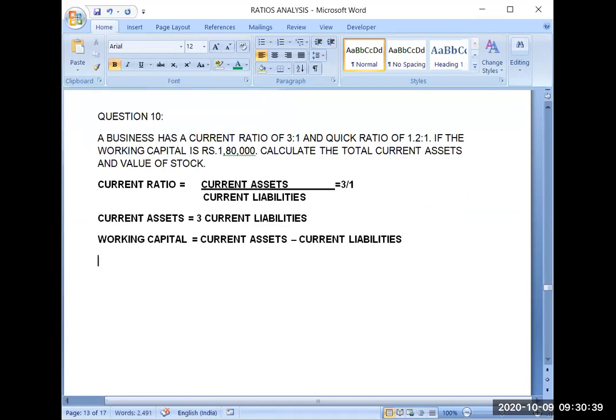Now this equation I will be using in the next formula. Working capital is given to you, 1,80,000. Current assets and current liabilities are not given. So if I write current assets and current liabilities, I will again not be able to calculate anything. What I will be using now, I can write current assets as 3 current liabilities, and due to that this equation will get converted into a single variable. So here instead of writing current assets, I can write 3 current liabilities minus current liabilities.